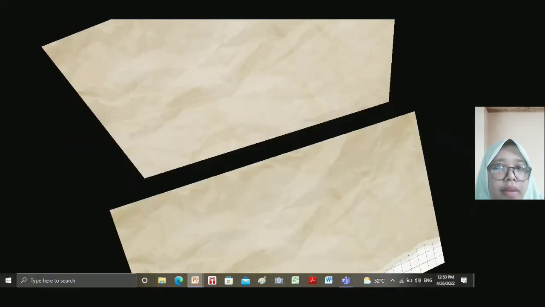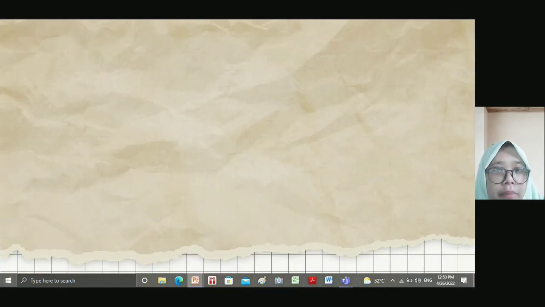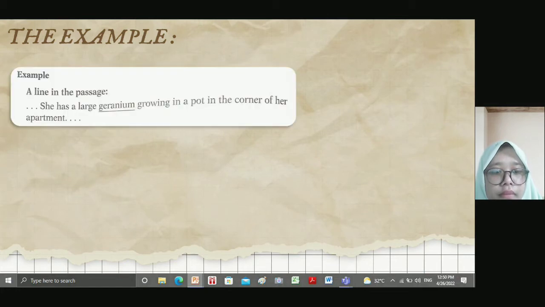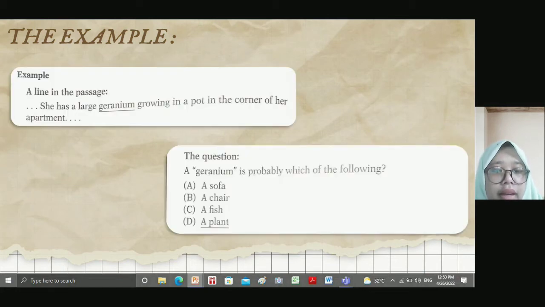Let me give you an example and read together again. The answer to the text is D because a geranium and a plant are related in meaning. What I'm trying to say about skill 5 is that the question and the answer have a related meaning. I now want to go on to the next slide.